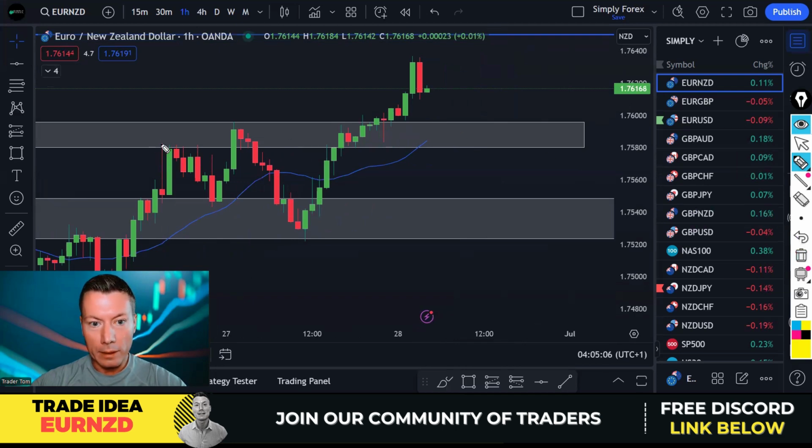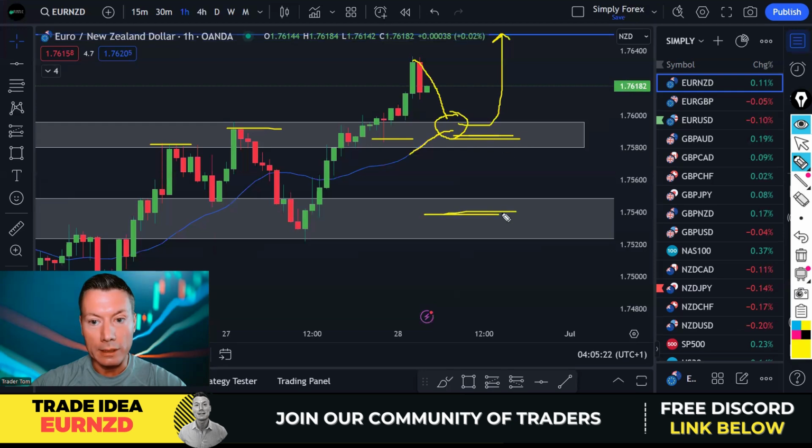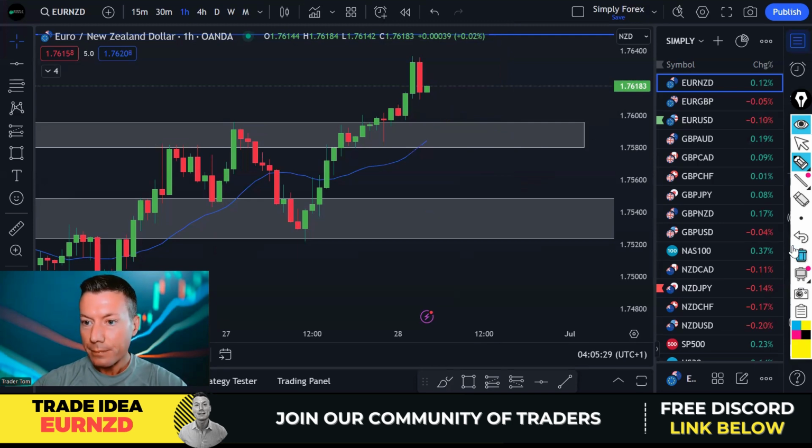You can see price has reacted many times at this level. So if we get a retrace into here, look at the moving average 20. If this catches it up, we get a bullish reaction here. If that happens, I will buy from this level, not so much this level. All right, guys, so Euro New Zealand dollar, we've had a fresh structure break. We're looking to buy it.